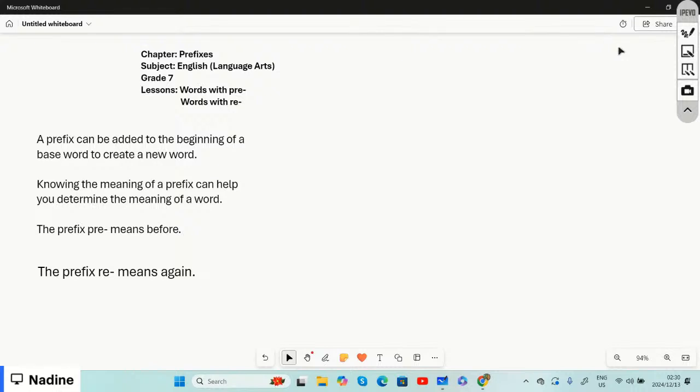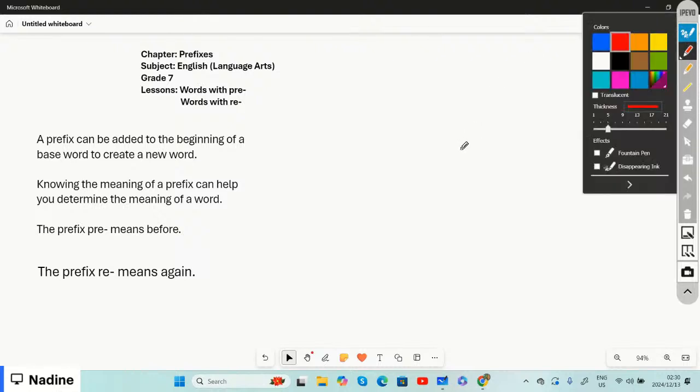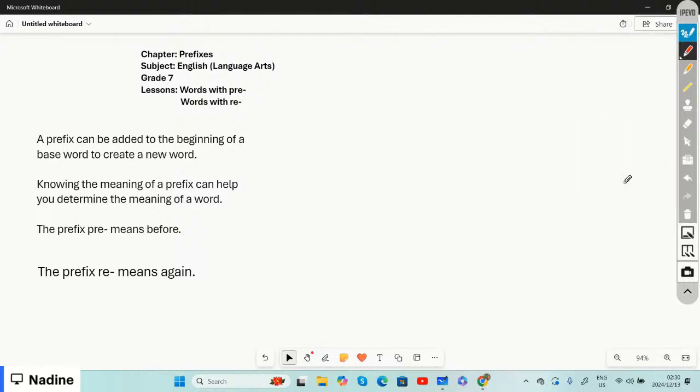And we said our prefix re means again. All right, and we made a list of words.